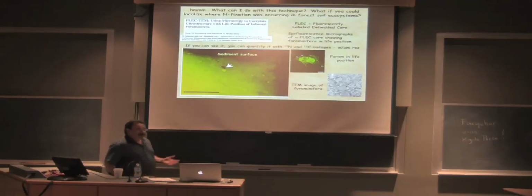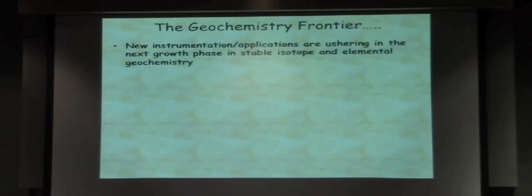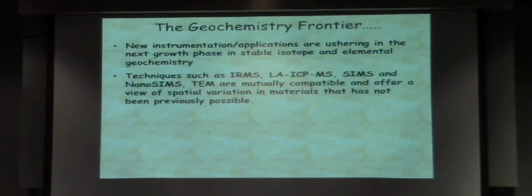Okay, so I want to finish this up by just saying that the new instrumentation that's coming online, I think, is going to play a critical role in the next couple of decades of stable isotope and elemental geochemistry. There are too many new questions and types of things you can do at the frontier between these different techniques.